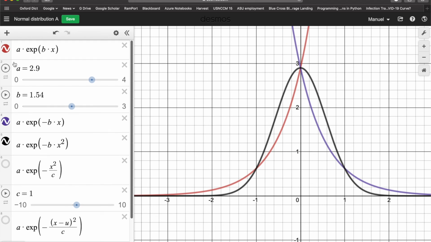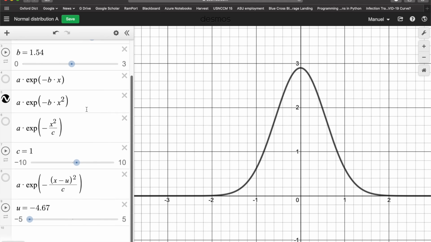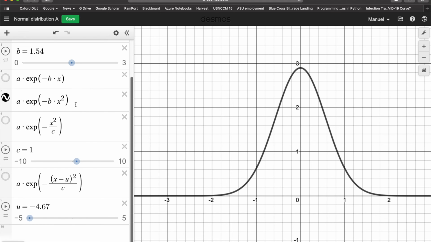So now let me just forget about these two initial ones. Let's keep going with our new exponential function with a quadratic exponent. Now, what I'm going to do is change the constant b to the denominator, and I'm going to call it c.